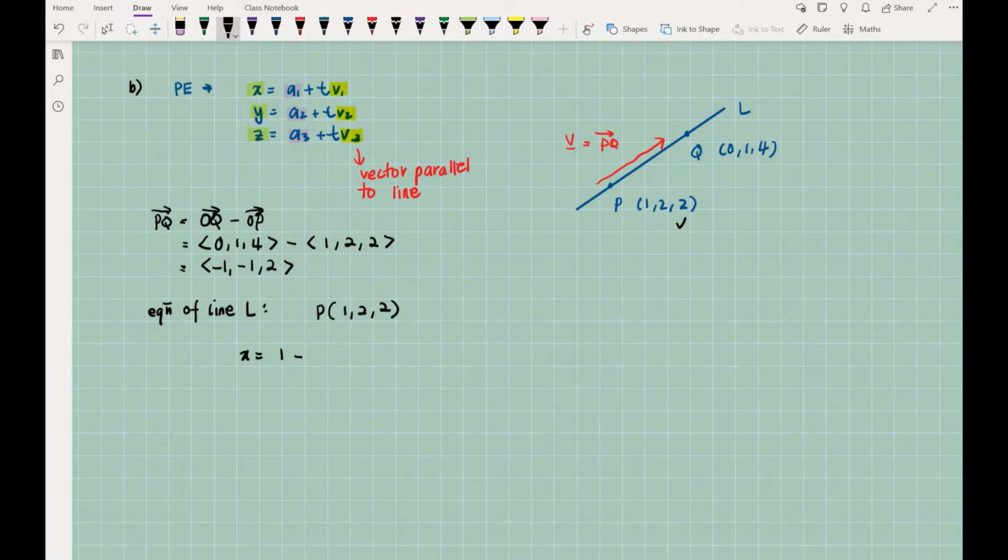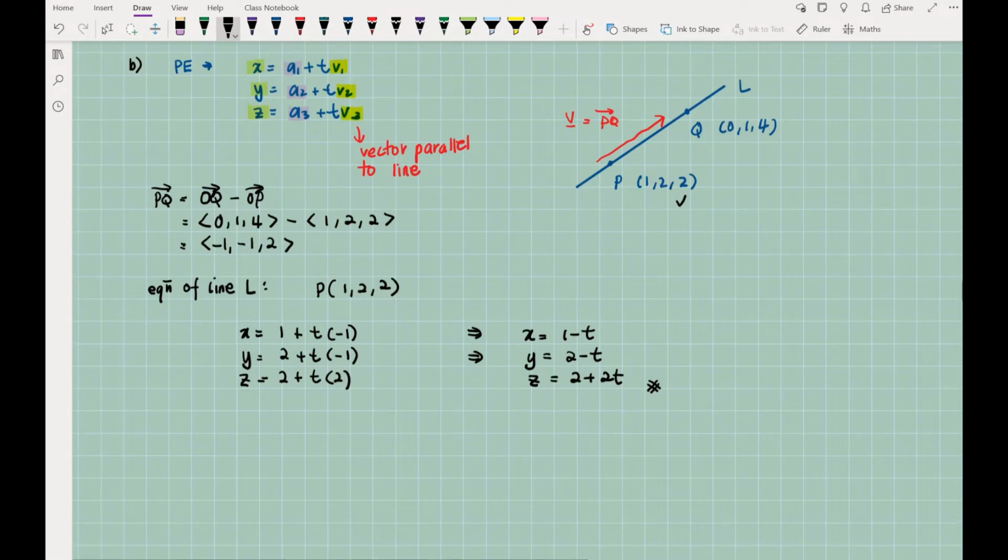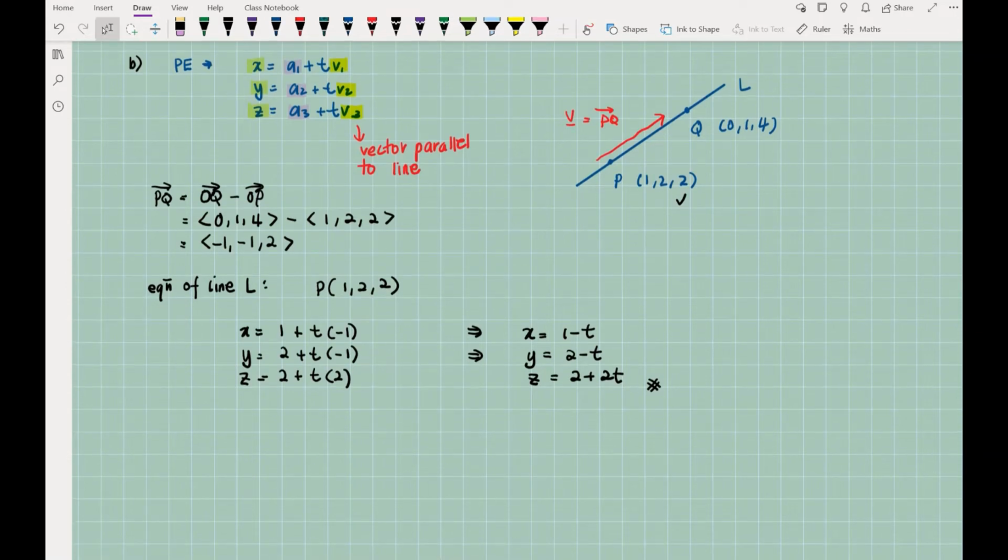So I need to find vector PQ first. Hence, PQ is equal to OQ minus OP. Okay, so from here we will get OQ as 0, 1, 4, and then subtracted by OP, which is 1, 2, 2.